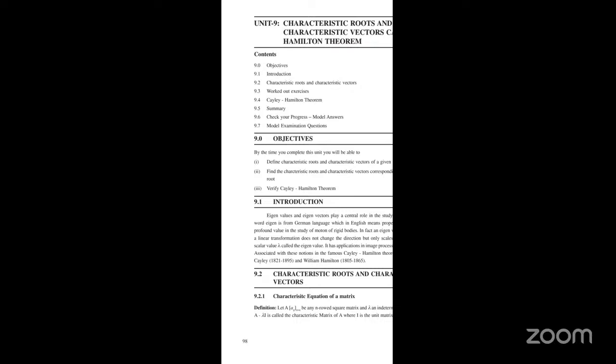Before that, what is the image of an element, the image or range of an element? Here one of the linear mappings is defined by the linear transformation T from U to V, where U and V are any two vector spaces. Here U is the domain and V is the range, so that is the image part.